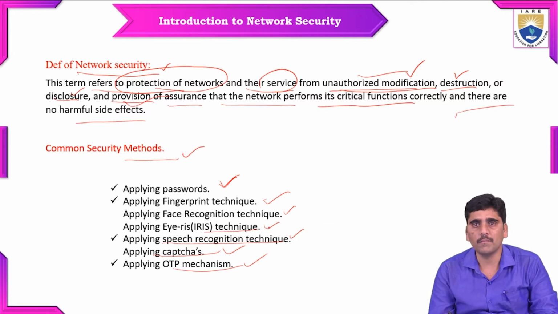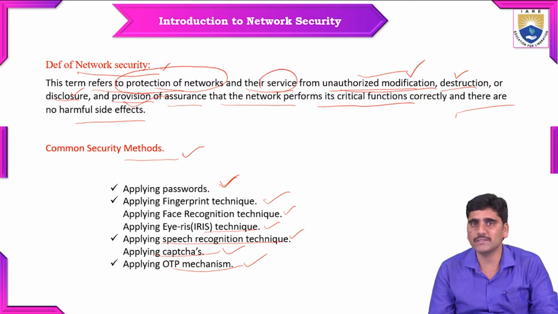So these are all common security methods to prevent access to the data of the user, or the network of the user, or the system of the user without the information of the particular user. You are not going to access that system or the data or network.